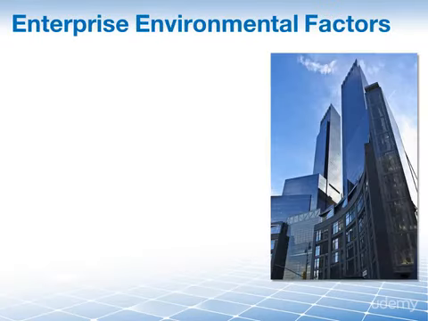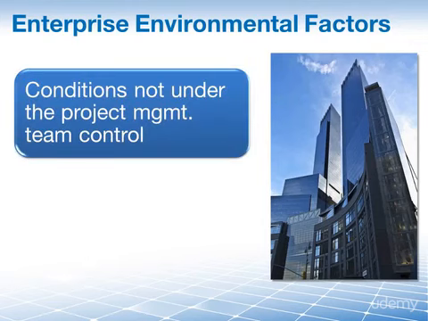The third input are the enterprise environmental factors. They are the conditions that are not under the immediate control of the project management team. For this process here, there could be general attitudes in your organization on how detailed activities have to be defined.